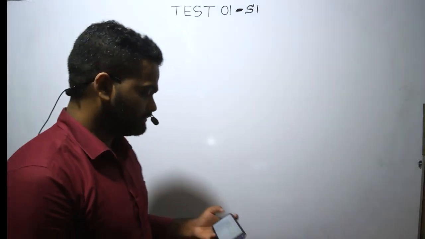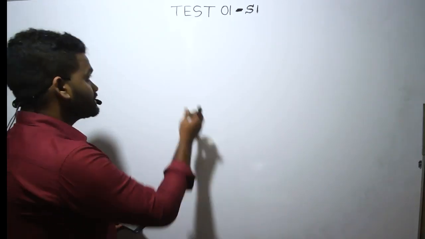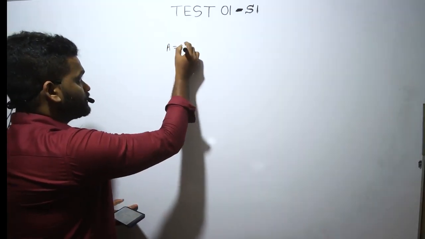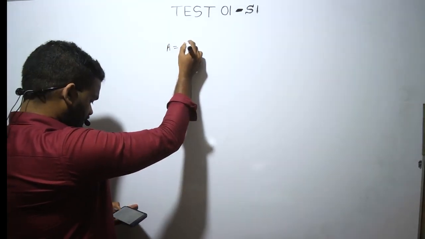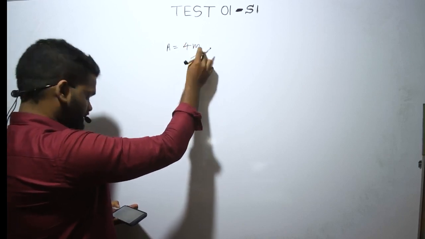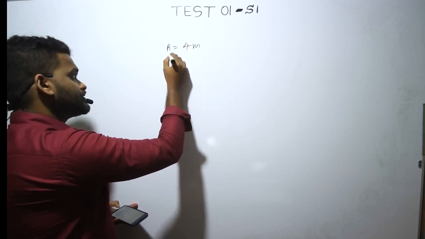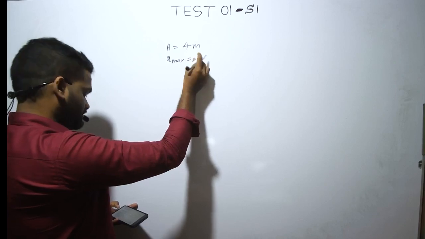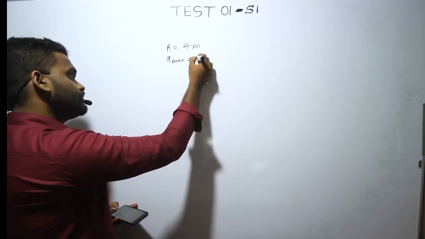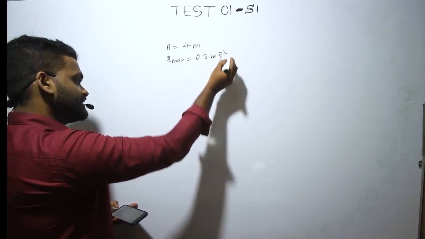Ninth question. Amplitude of an object in simple harmonic motion is 4 meters. If the maximum acceleration is 0.2, so amplitude is 4 meters, right? Maximum acceleration, A max, is 0.2 meters per square second.